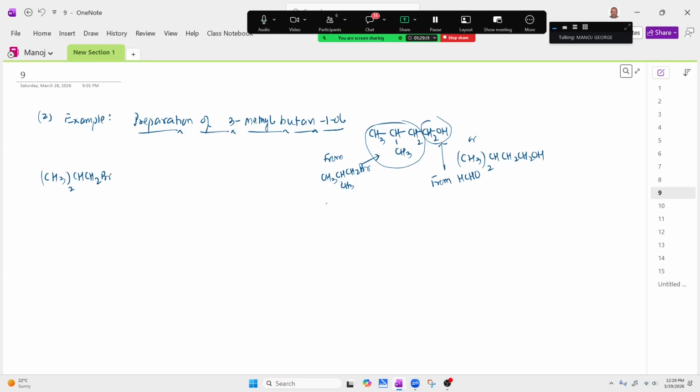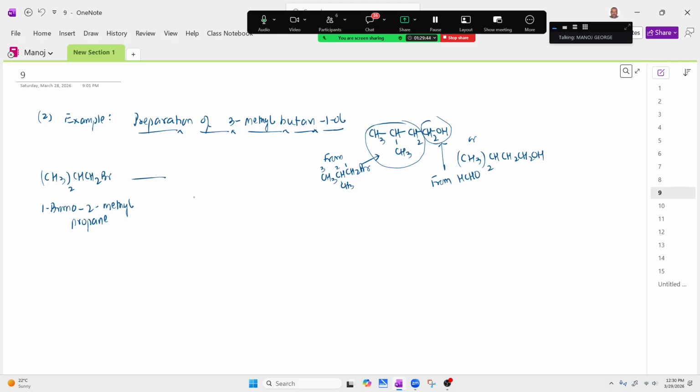So this is carbon number one, carbon number two, carbon number three. This is 1-bromo-2-methylpropane. Is that okay? Bromine is at the first position, methyl is at the second position. So 1-bromo, and we say bromo first because of alphabetical sequence.